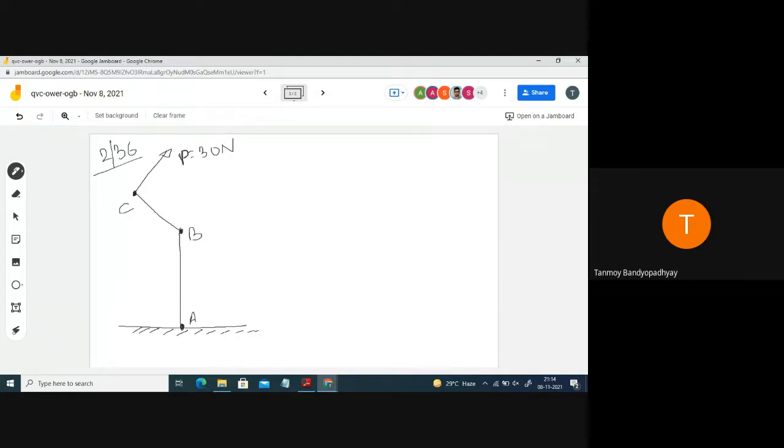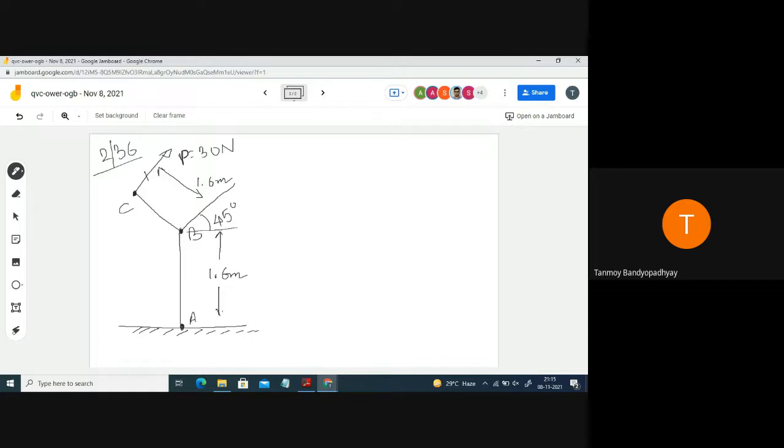This is the horizontal, and the inclination with this one is given to be 45 degree, and this distance is given to be 1.6 meter, and this distance again is given to be 1.6 meters.